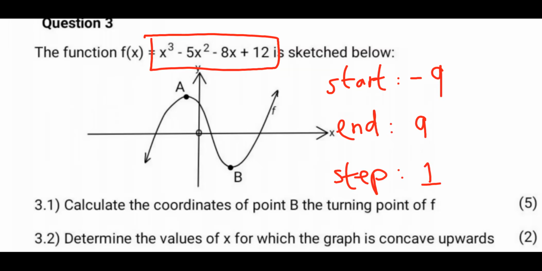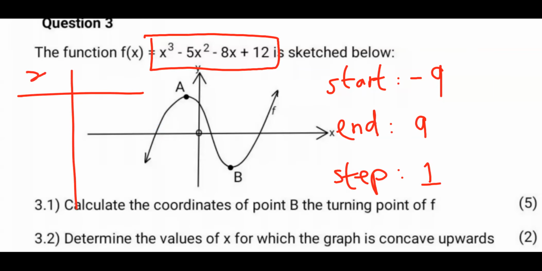Why are we starting with -9? I just want a big range, since I don't know where my x-intercept is. Maybe it can be -9. It's probably not going to be, but I'm making the range as big as possible.